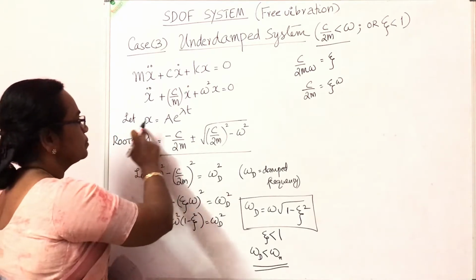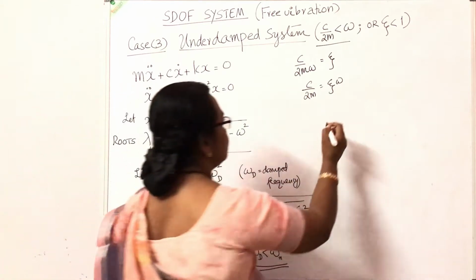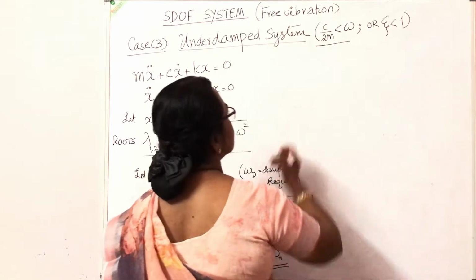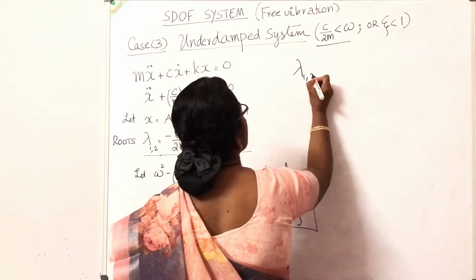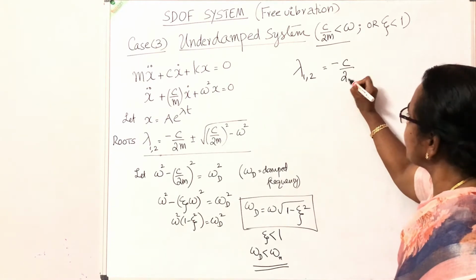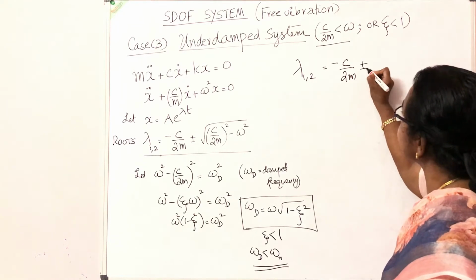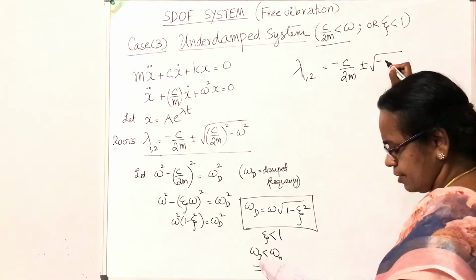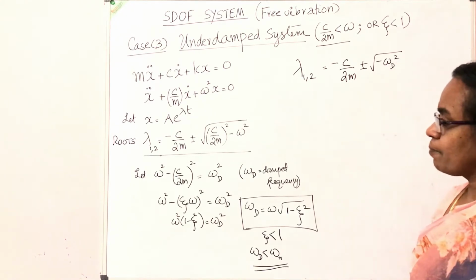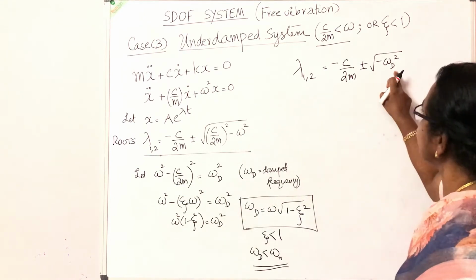Now we come to the roots. These two roots, lambda 1, 2, are equal to minus c by 2m plus or minus the square root of minus omega d square, since omega square minus (c by 2m) square is omega d square.